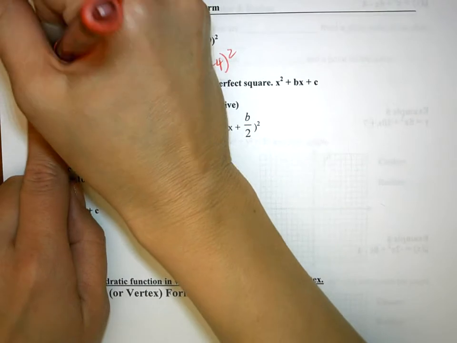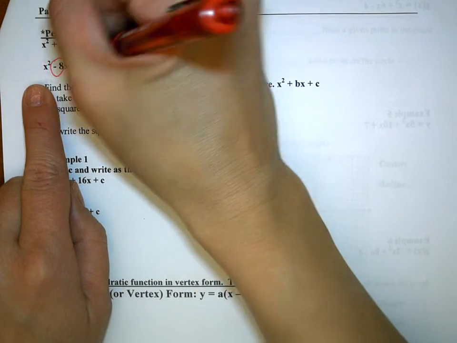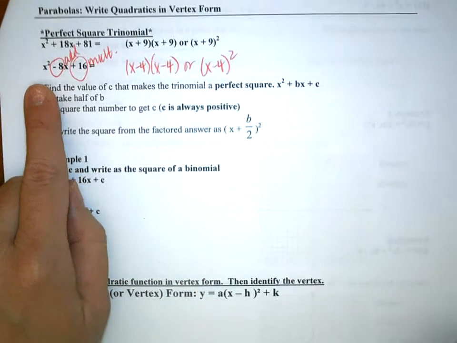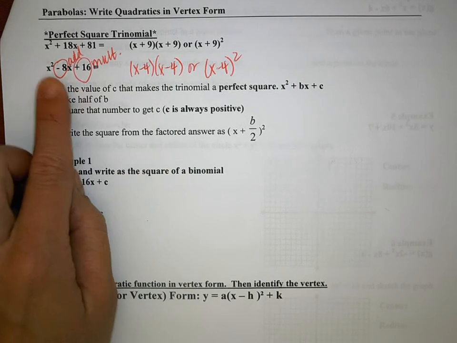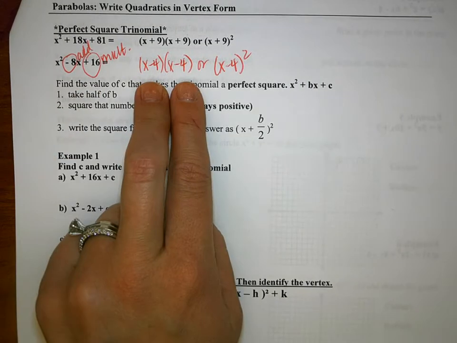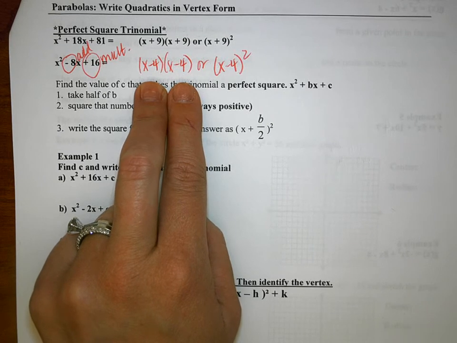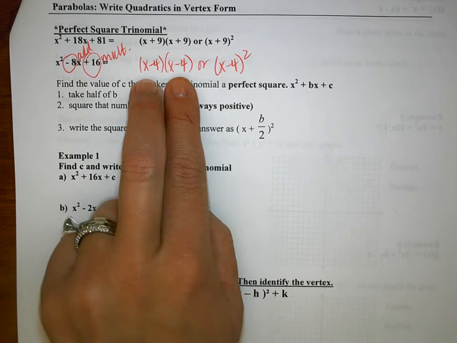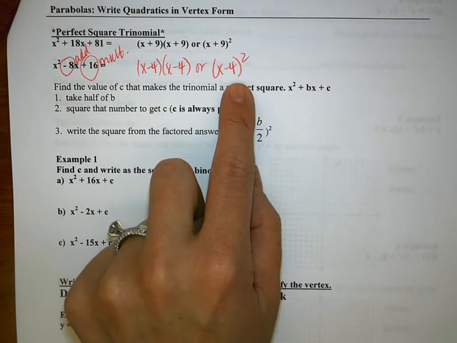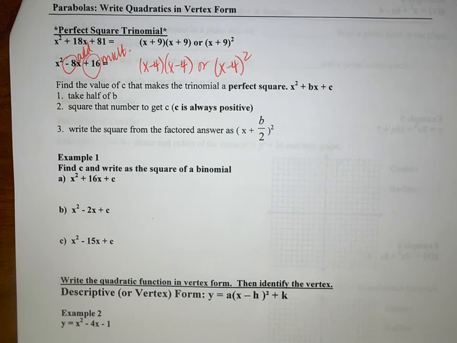Remember, this number is the one that you are adding, and this is the one you are multiplying. 4 times 4 is 16, but in order to make it -8, you'd need a -4 and a -4. -4 times -4 makes a positive 16, right? So instead of writing it as x minus 4 and x minus 4, we would write it as x minus 4 squared. This is a perfect square trinomial. Yes, that's basically what we're doing as the diamond method, exactly.